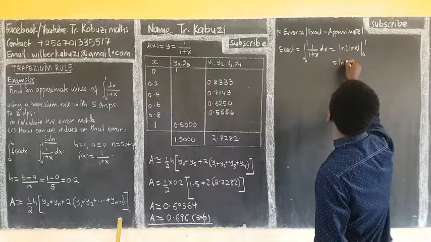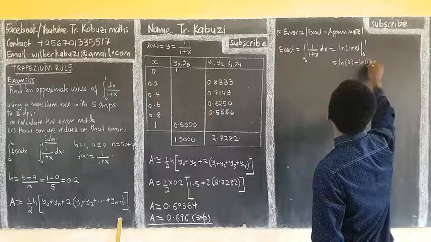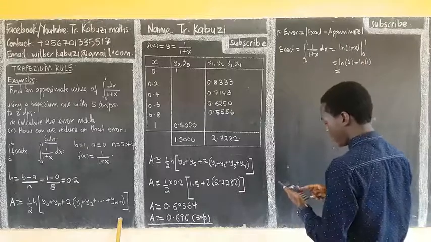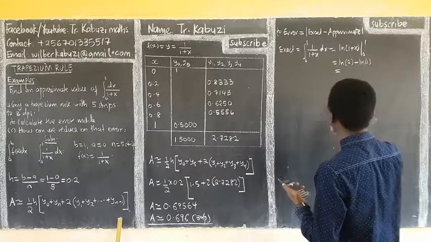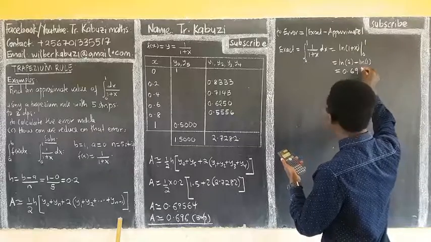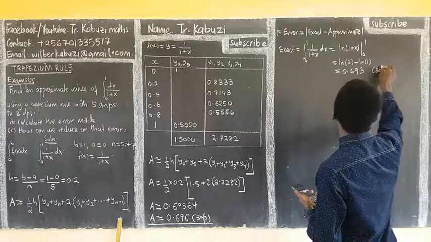This will be natural log of 2, then minus natural log of 1 after putting in the 1. And that will give you natural log of 2, which is 0.693. We also give it to 3 decimal places.